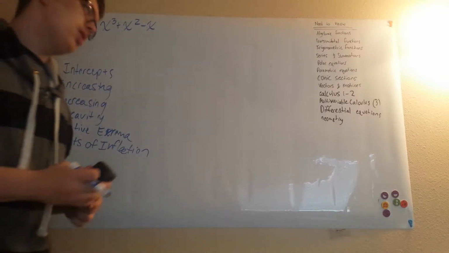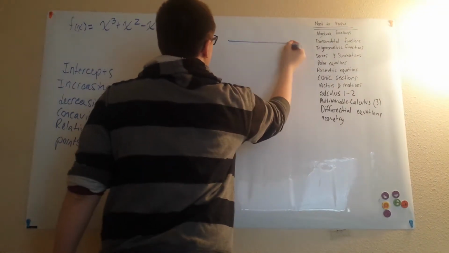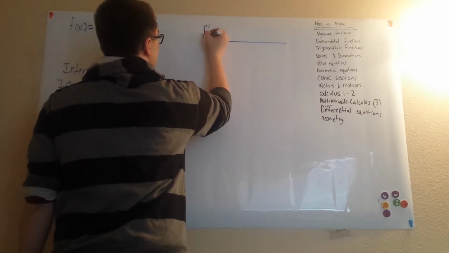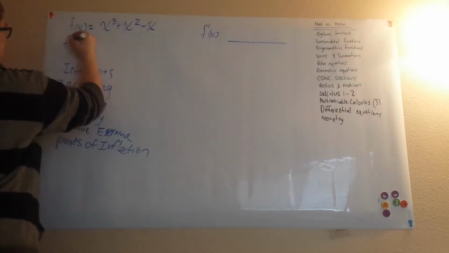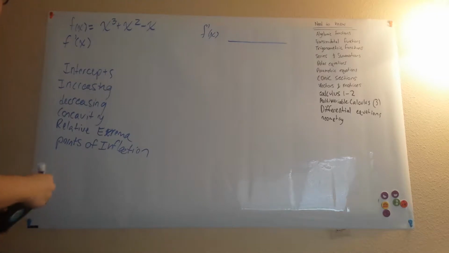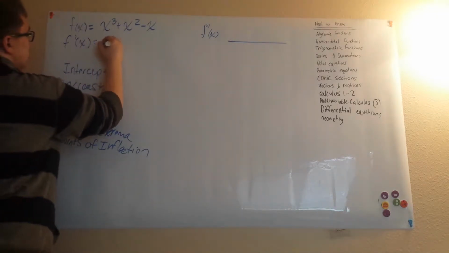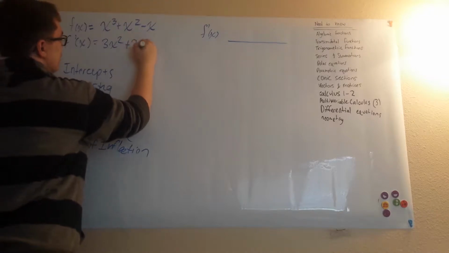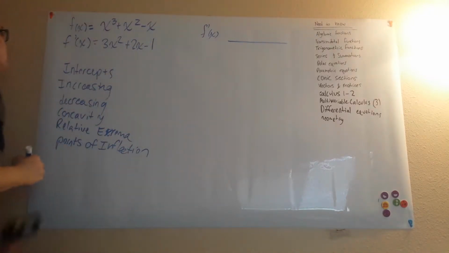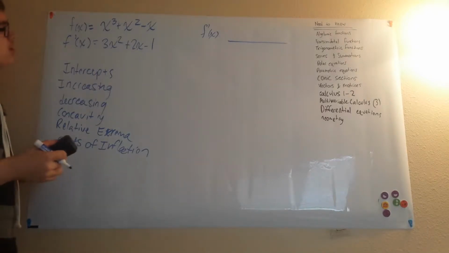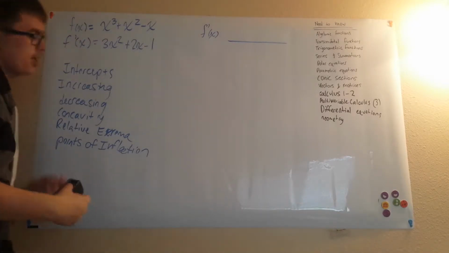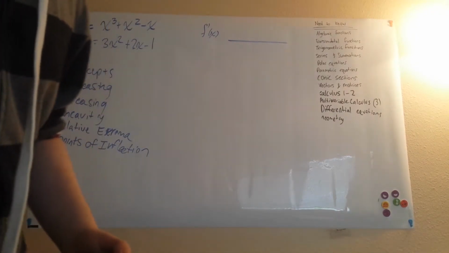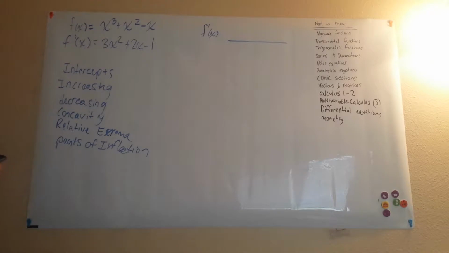So the first thing I usually want to do is set up my first derivative test. So I want to find all the critical numbers. If I find f prime of x, that's 3x squared plus 2x minus 1. And I want to solve that for 0. When is that equal to 0? Well, I can figure that one out pretty easily.